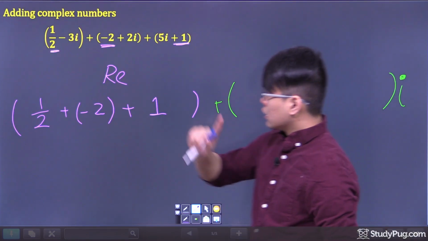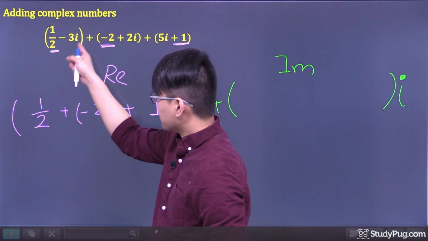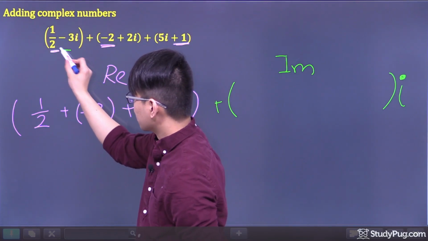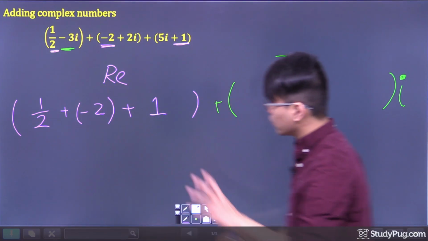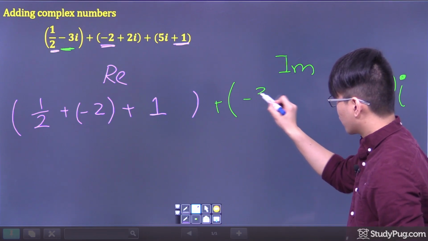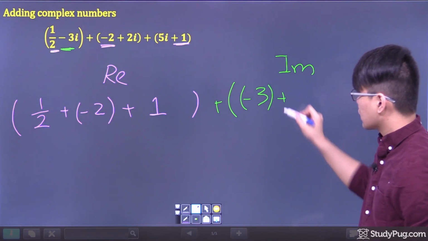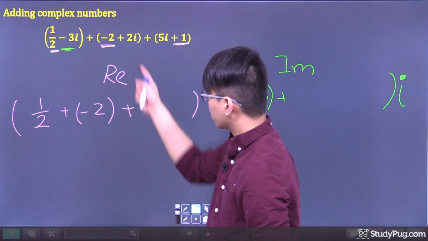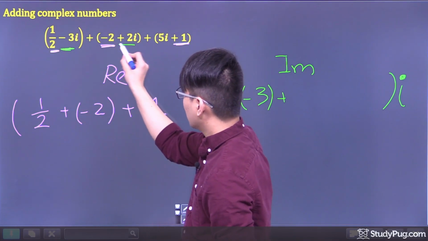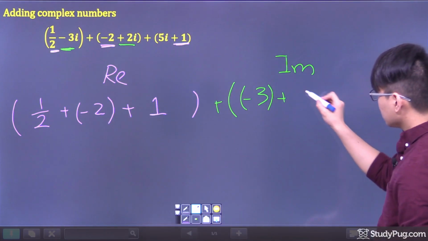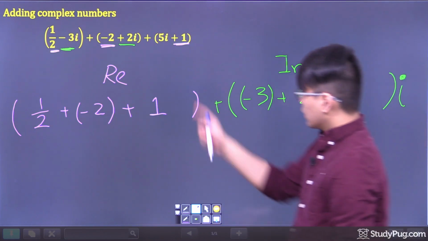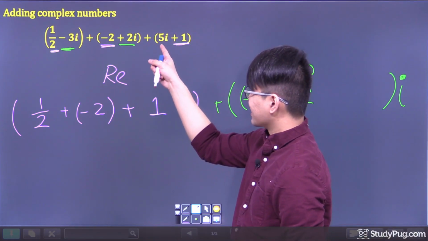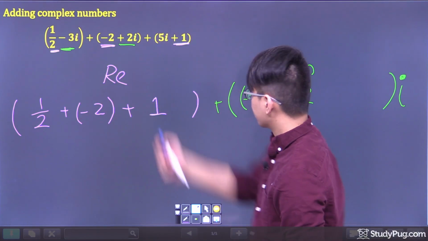So the first complex number has an imaginary part of -3. Okay? Just a number in front of i. So -3 plus the imaginary part of the second complex number would be +2. Okay, +2. The last complex number here has an imaginary part of +5.